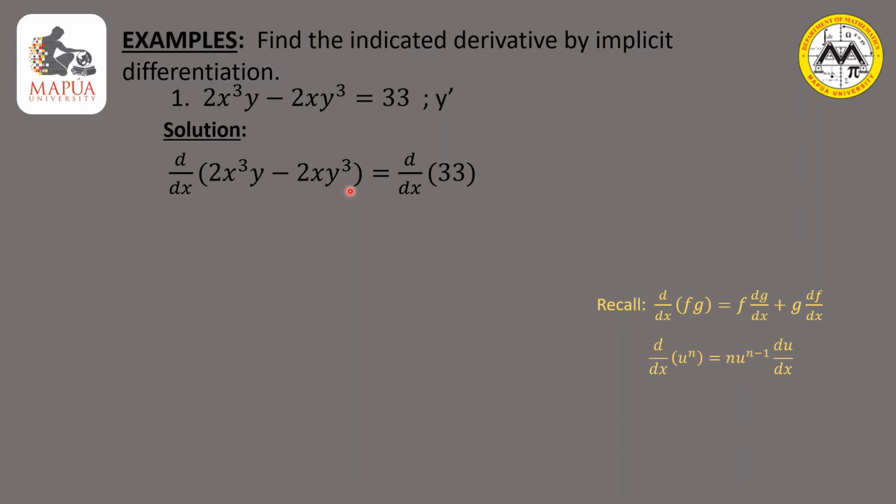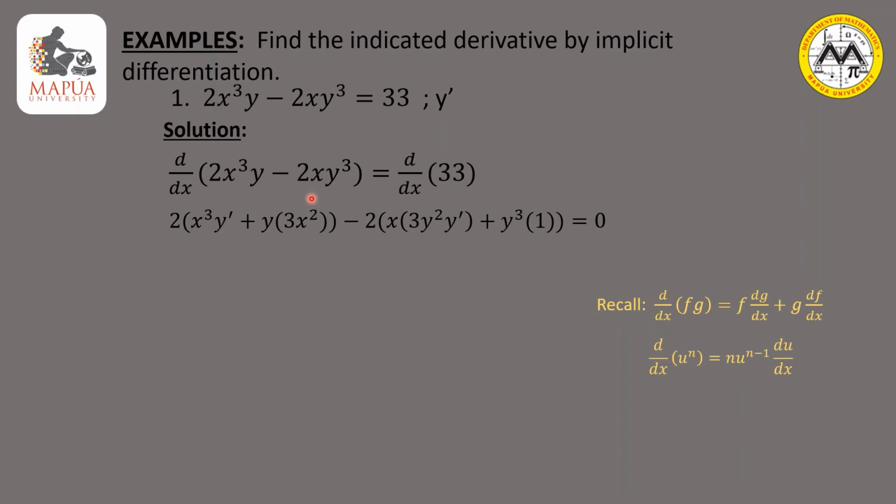So if we are now to differentiate the left member, then the derivative would just be equal to 2 times the derivative of x cubed y, treated as a product of the factors x cubed and y. Hence, the derivative would be given by x cubed times the derivative of y with respect to x plus the product of y with the derivative of x cubed, given by 3x squared.